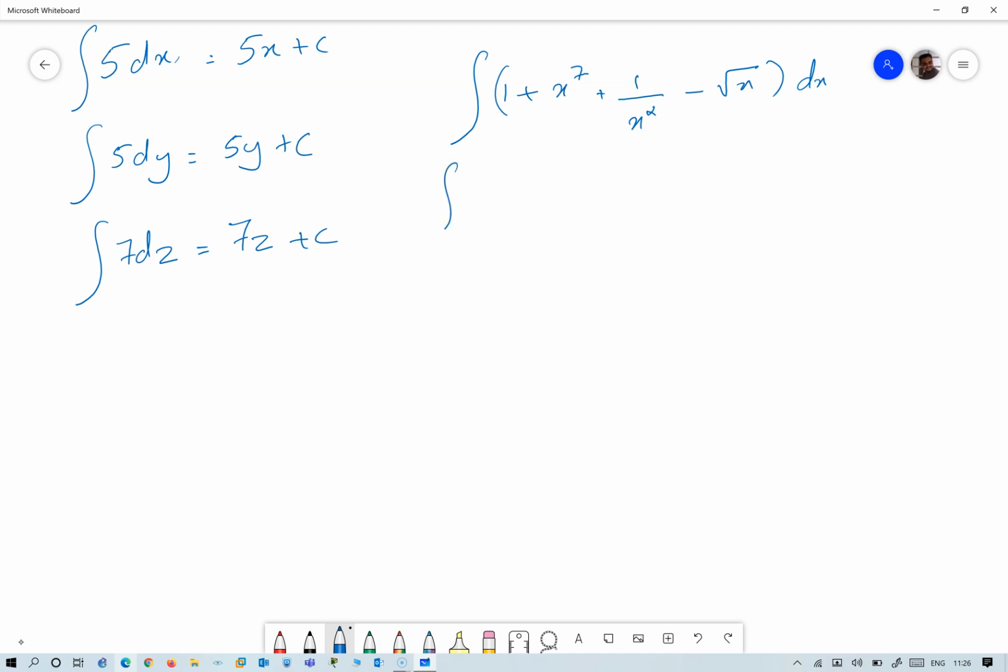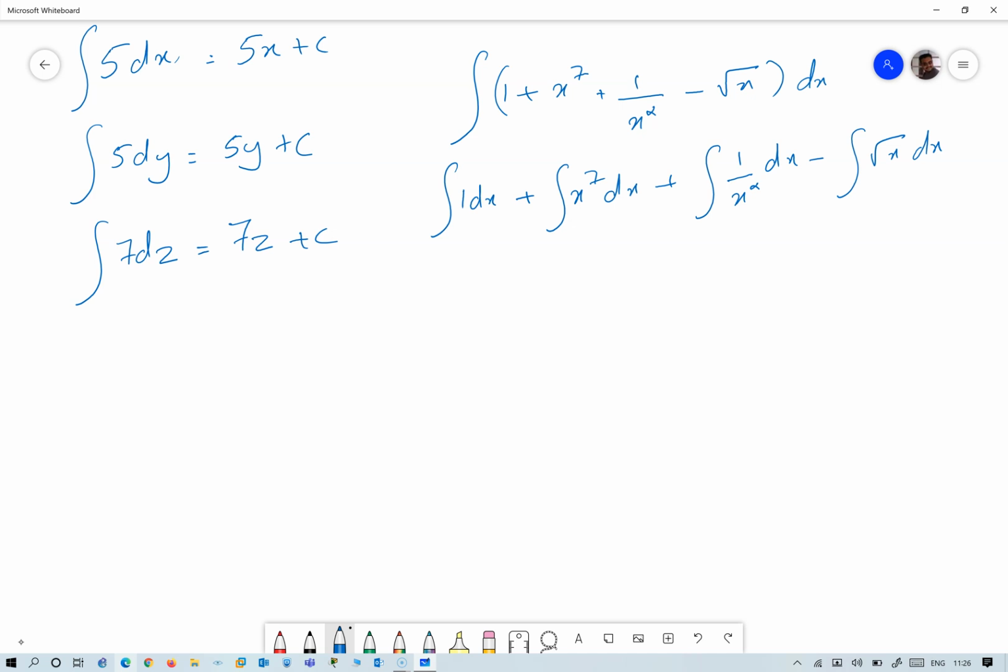So this is like integral 1 dx plus integral x to the power 7 dx plus integral 1 over x to the power 2 dx minus integral root x dx. Integral 1, it's a constant.